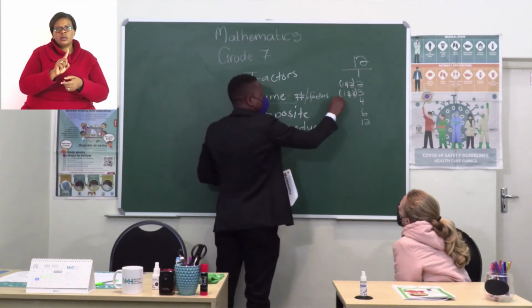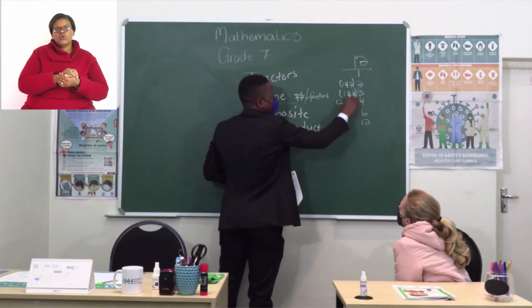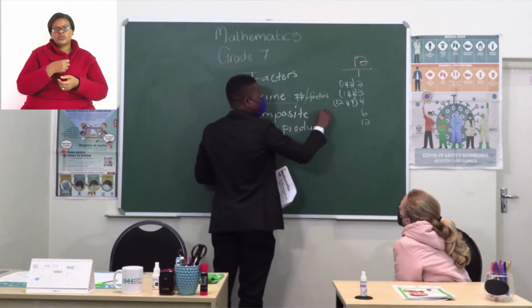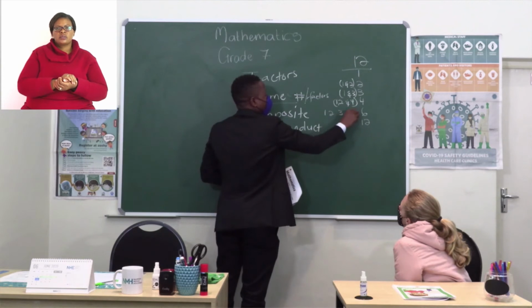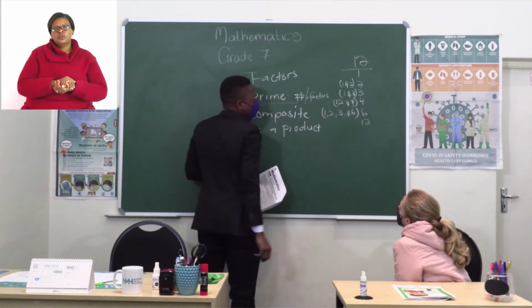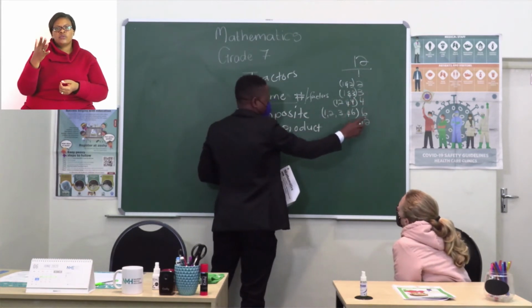4 has got 1, 2, and 4. 6 has got 1, 2, 3, and 6. 12 has got 1, 2, 3, 4, 6, and 12.